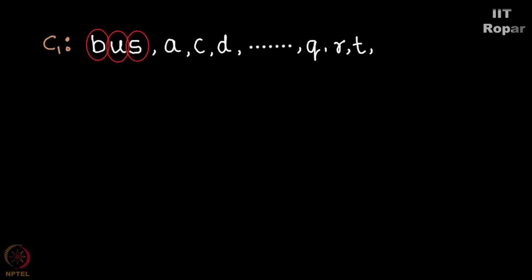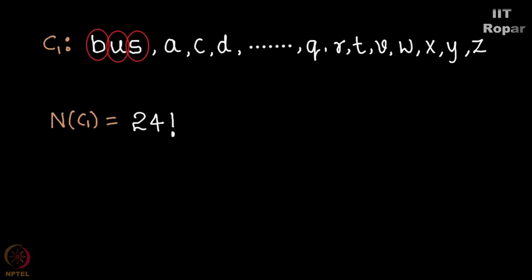T. I'm not going to write U as well because it has been utilized in bus. V, W, so on up to Z. Permutations of these will give those words which contain bus. Now, how many of them are there? It is precisely 24 factorial, which means 24 factorial permutations will contain the string bus.